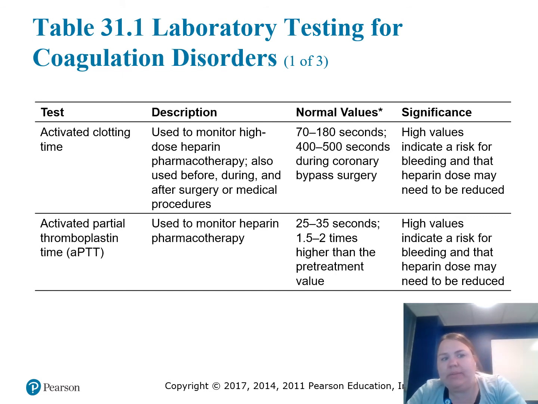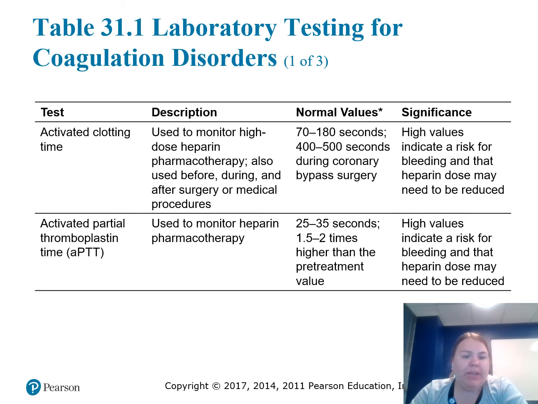Now, what does this range even mean? What do these numbers mean? This time is telling us how long it takes for a clot to form. So, for example, 400 to 500 seconds during coronary bypass surgery. That's how long it takes for a clot to form.